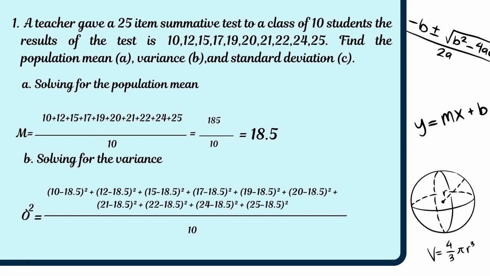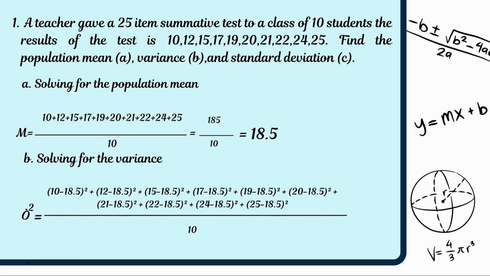A teacher gave a 25-item summative test to a class of 10 students. The results of the test are 10, 12, 15, 17, and so on. Find the population mean A, variance B, and the standard deviation C. For solving the population mean, we have a formula of mu equals the sum of all x values divided by n, where the sum of x represents the sum of all values, and n is the total number of values.